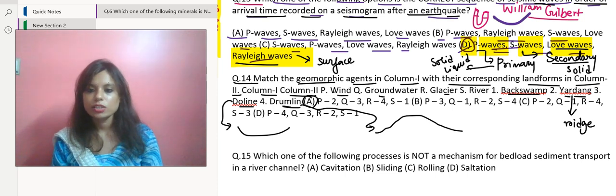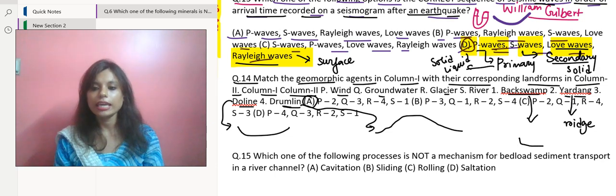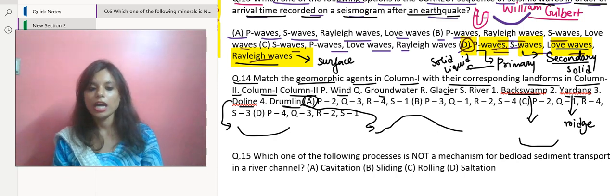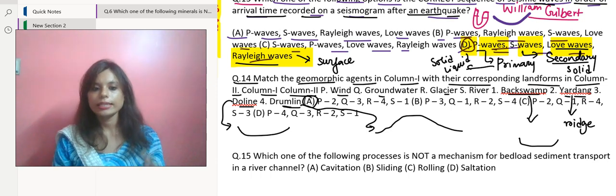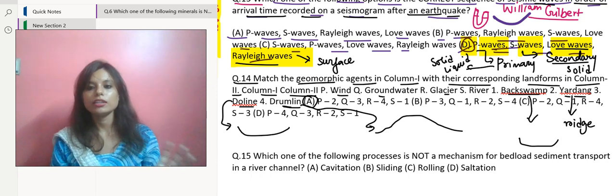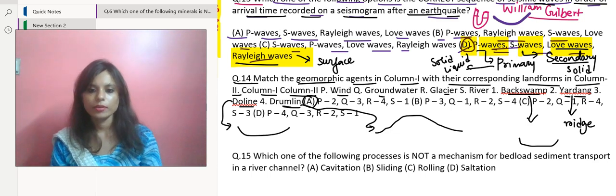And a back swamp is a low-lying area, mostly found on a flood plain, which is behind a natural levee formed by a river. So that was the discussion regarding the four geomorphic agents and their landforms. Our correct sequence was option A, as I have already told.